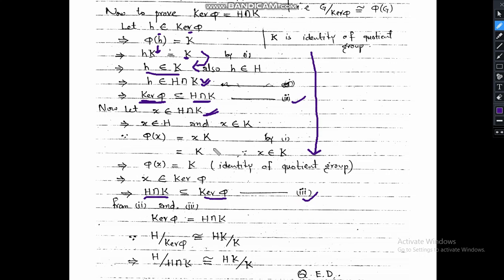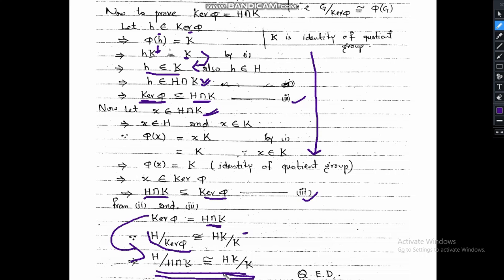By this property second and property third, we can say that the kernel of phi will be equivalent to H intersection K, and the kernel of phi can be again defined by H upon kernel of phi and HK upon K. Here we are applying the second property, and by using this and on rearranging the terms from this equation, we can write this result. This is the third statement of this theorem.